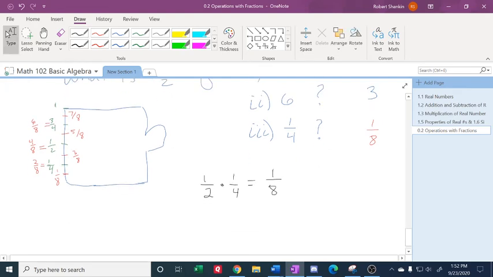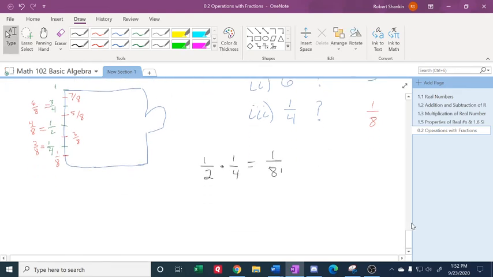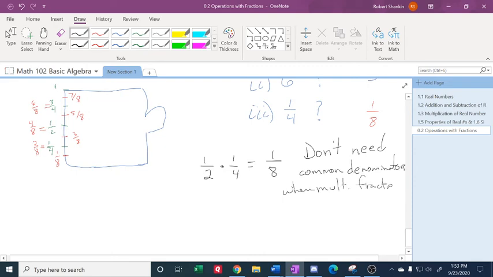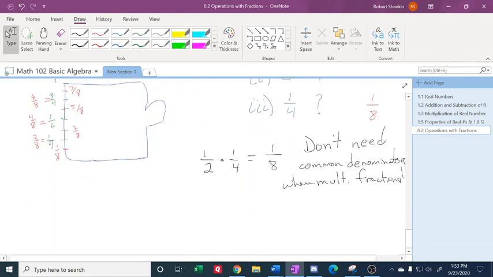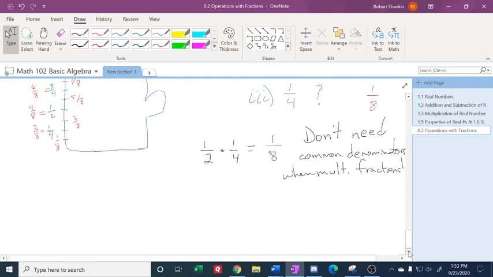Now, you don't need common denominators when multiplying fractions. Okay, now let's suppose you got common denominators when you didn't need to.